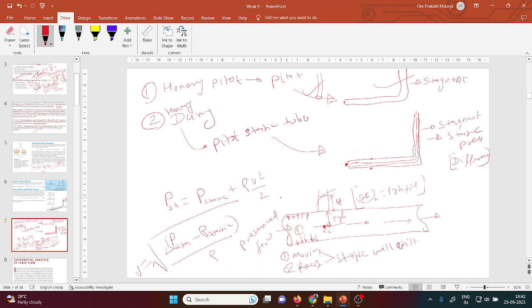Static pressure is there because pressurized flow is flowing in the pipe. If you summarize, your static pressure is the combination of both: the pressure due to the pressurized flow and the hydrostatic pressure.